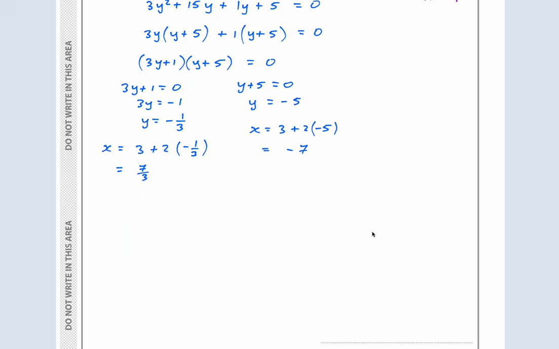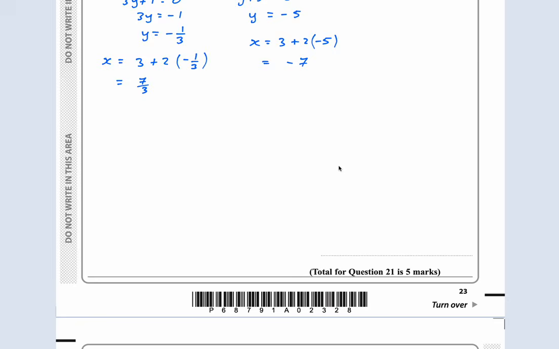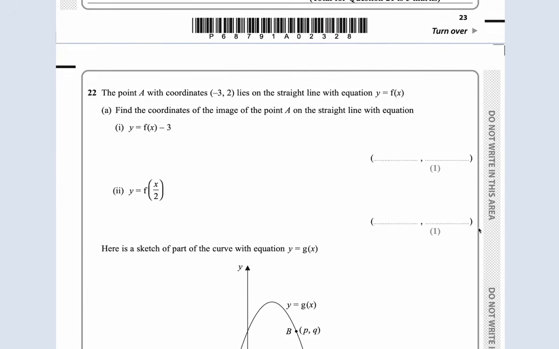So I'm left with, down here, I'll write x equals 7/3 when y equals minus 1/3. So those two go together. Or x equals minus 7 when y equals minus 5. Those are my two solutions.